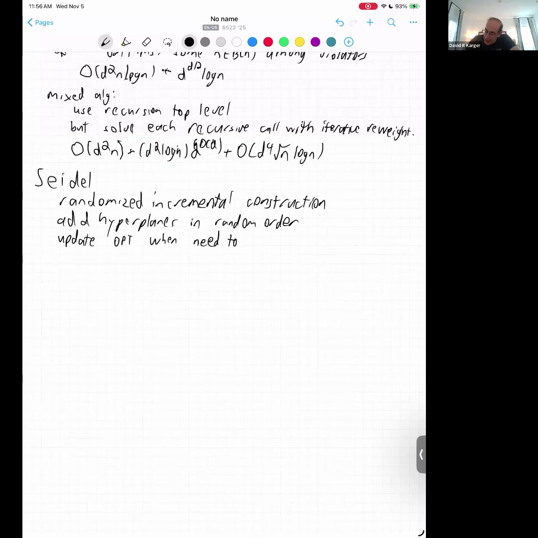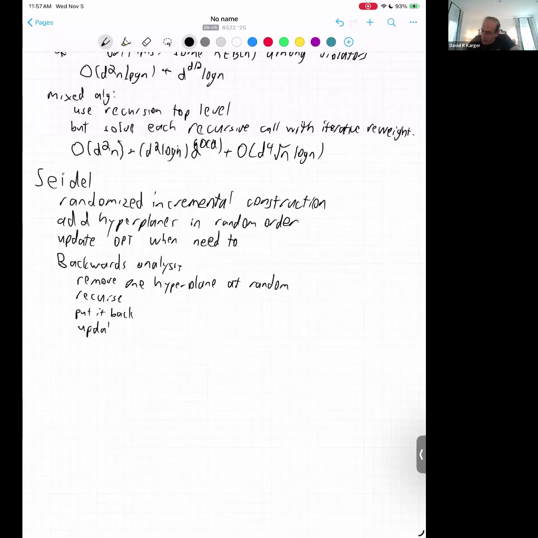What's beautiful is the analysis, which is basically a backwards analysis. For that, I'm going to articulate the algorithm slightly differently. I'm going to say: remove one hyperplane at random. Recurse. Put it back.